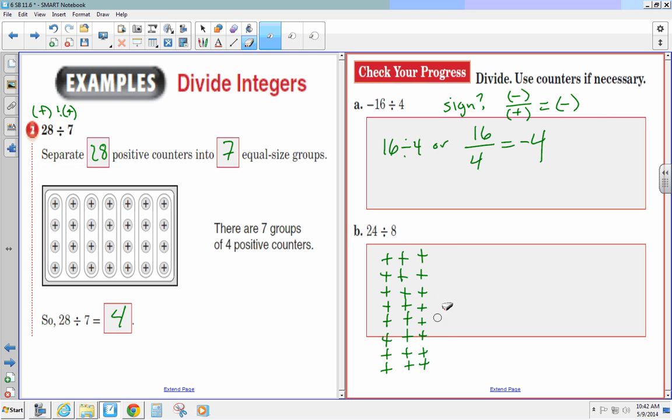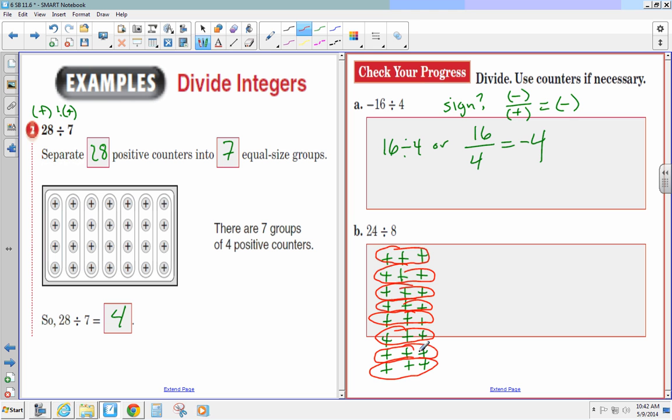All right, so here are 24 counters. Count them up, pause the video, count them up again, but there are 24 counters there. Now it says we, using counters, should break them into 8 groups. 1 group, 2, 3, 4, 5, 6, 7, 8. And since in each group there are 3, the result is 3. 24 divided by 8 is 3. Positive divided by a positive gives us a result that is also positive.